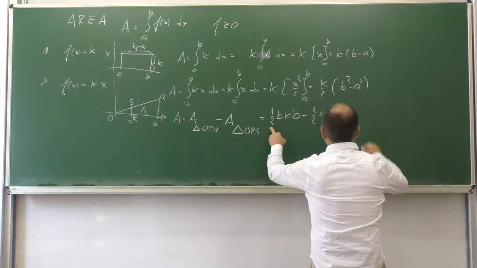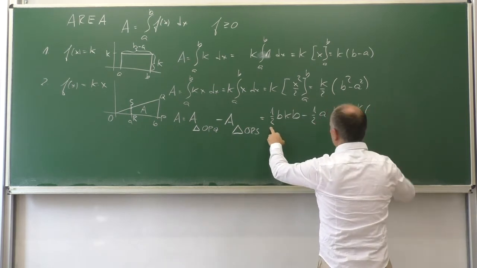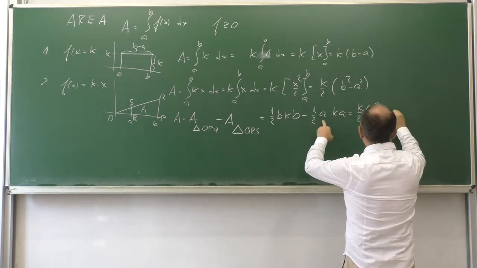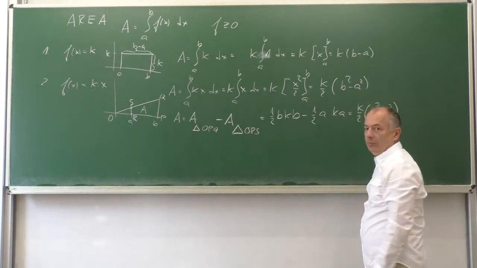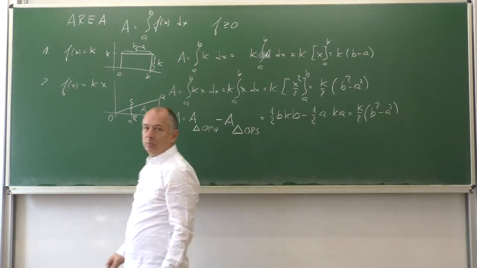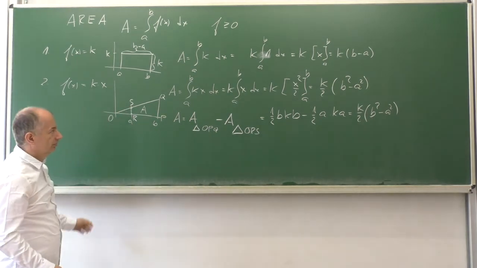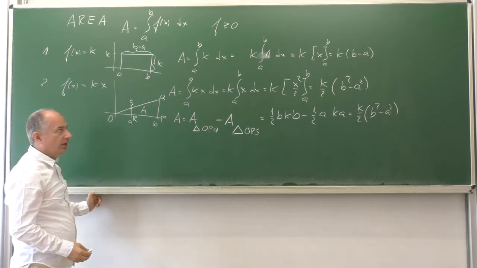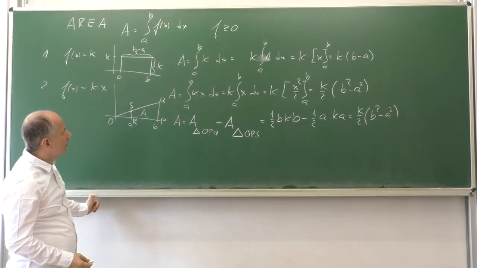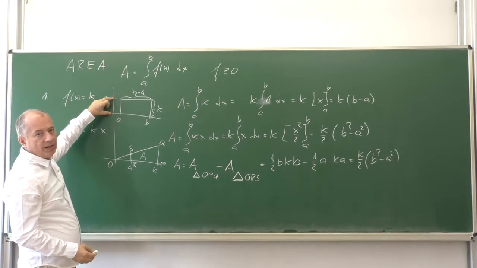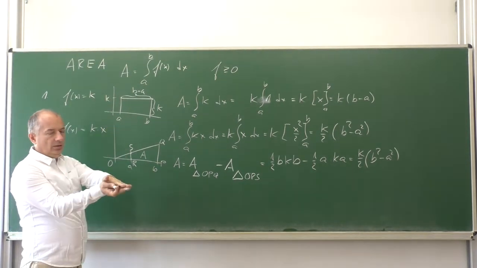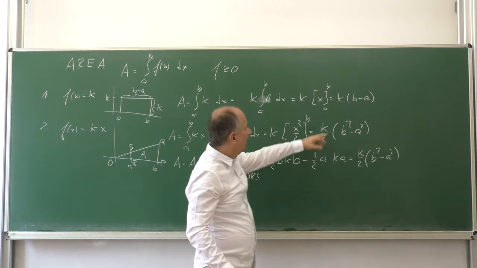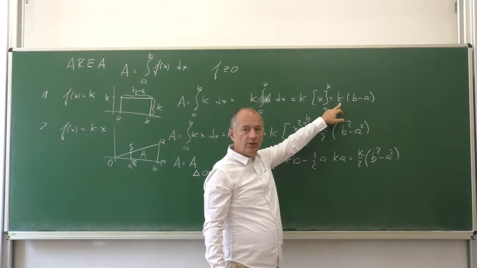We can factor out k over 2, and we have b squared minus a squared, in perfect agreement with the result obtained by integration. That's good. It would be sad to get a different result, right? Perhaps a special case when k is 0. The 0 height rectangle has a 0 area, and if k is 0, this is indeed 0.